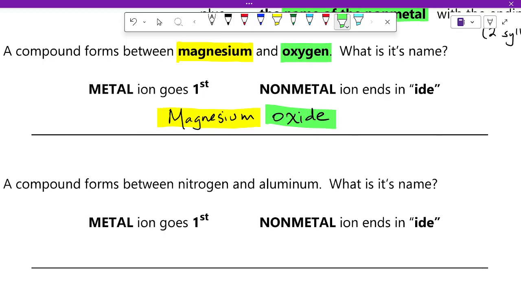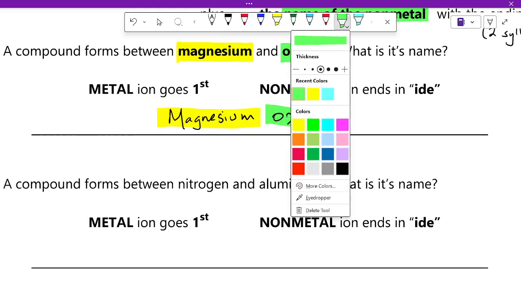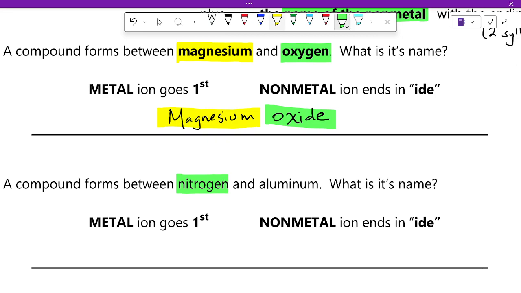What made this one trickier than the last one? What did I do? I flipped them around. I wrote the non-metal first, and I wrote the metal second. Does that mean that you switch the names around so that the non-metal comes first? No, you should still write the metal first, and then the non-metal should go second.